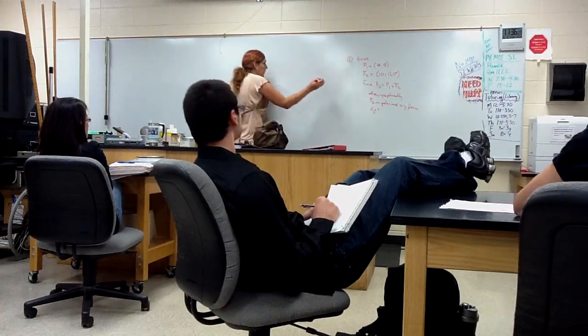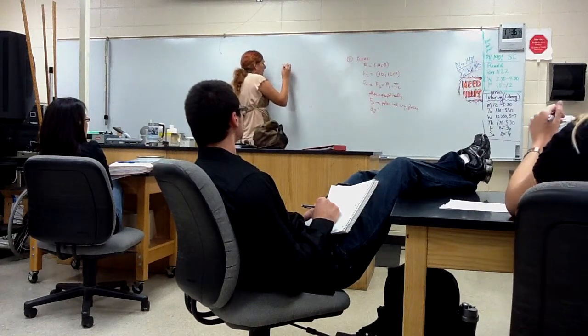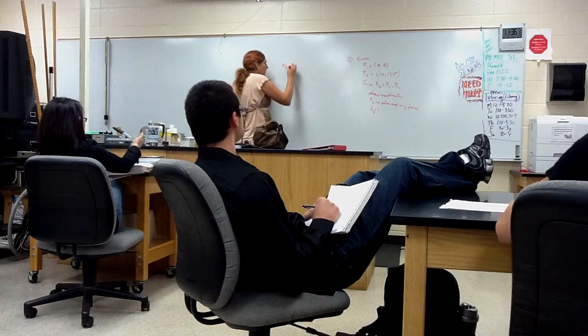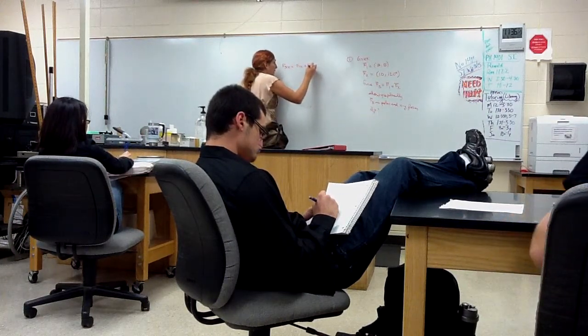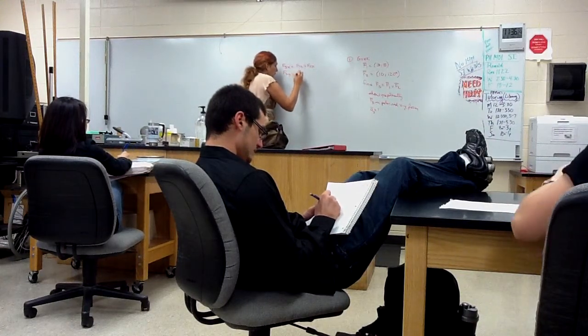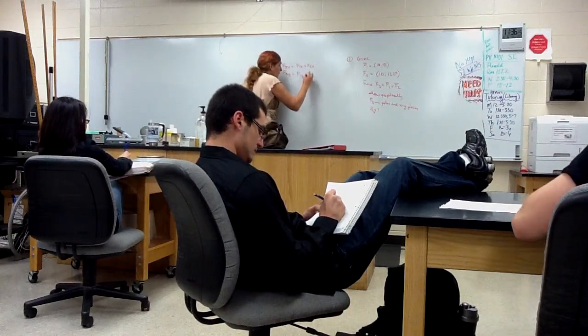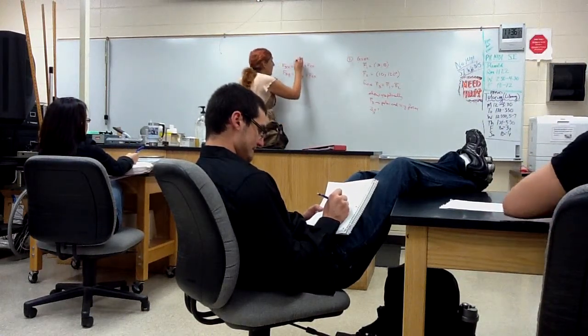Okay, so what you can say here is that F3x is equal to F1x plus F2x, and then F3y is equal to F1y plus F2y. And we already have the x component.